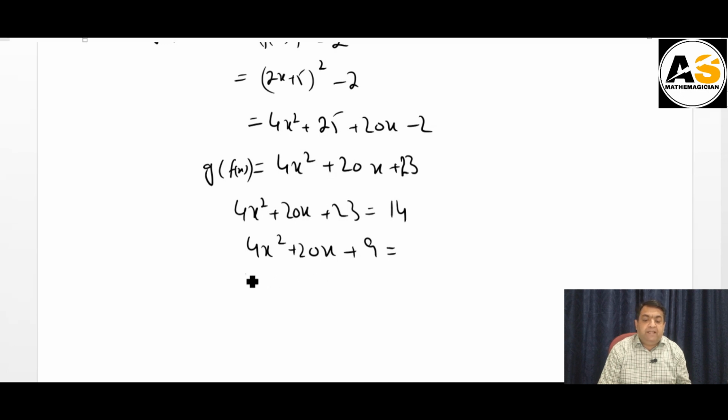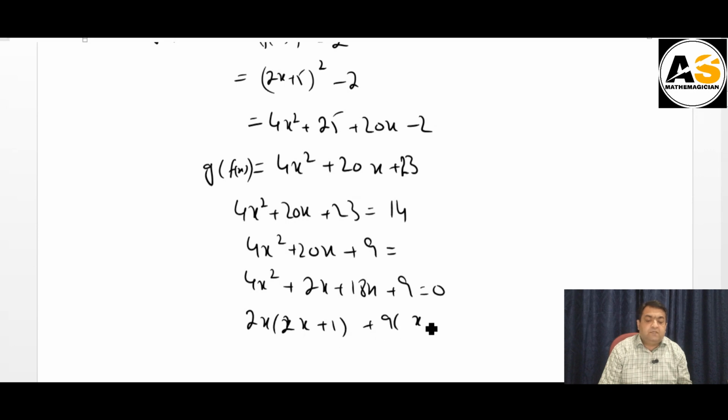I am breaking the middle term: 4x square plus 2x plus 18x plus 9, and 2x will be taken out from the first two terms, 2x plus 1, 9 will be taken from the next two terms, 2x plus 1, and we get two factors.